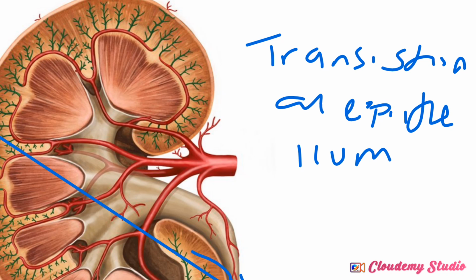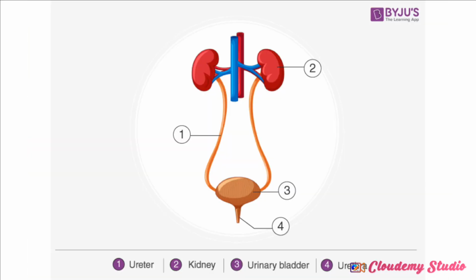So they consist of what we know as transitional epithelial cells. So from the ureter to the urinary bladder, then to the urethra, it is passed outside of the body. Remember that the cells here are transitional, and some of the cells in the urethra are transitional.